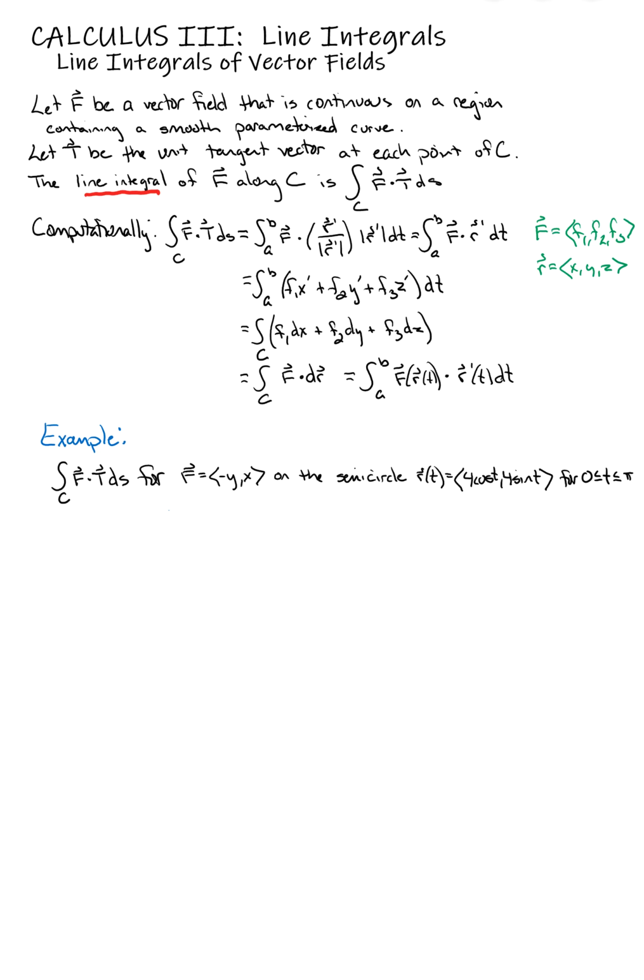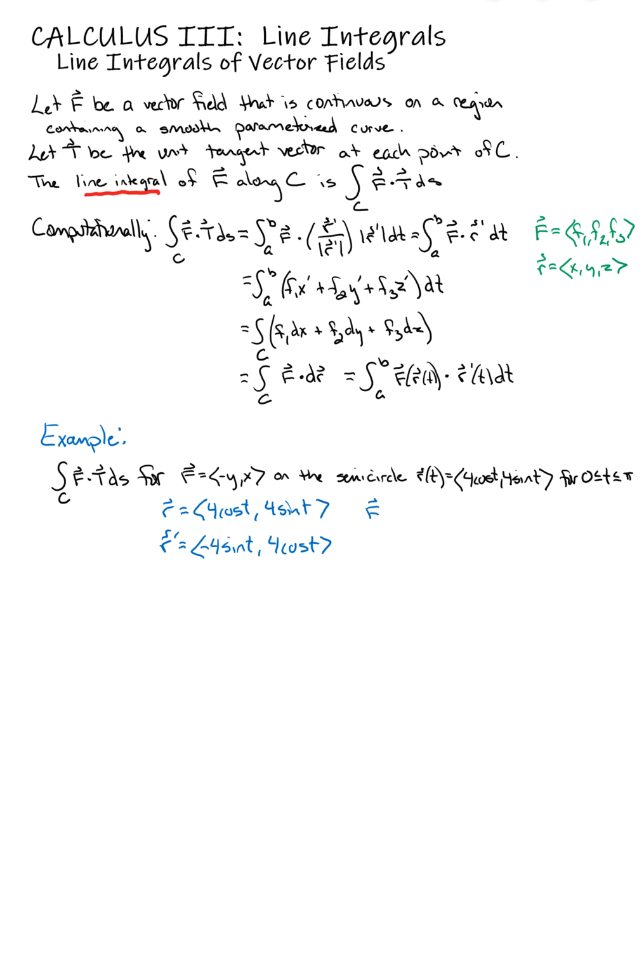Okay, so a few things to make note of. First off, we have, of course, that r is equal to the vector 4 cosine t, 4 sine t. So r prime will be negative 4 sine t, 4 cosine t.